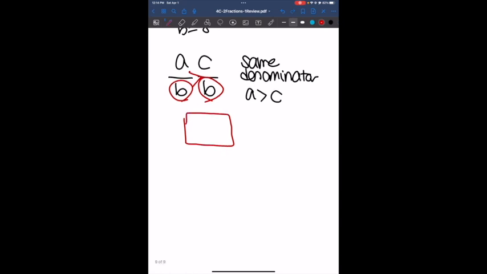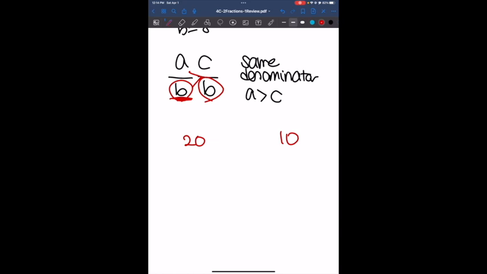So for example, let's think of it this way. The numerator, or the number at the top, is the number that's being divided, and the denominator is the number that is dividing.